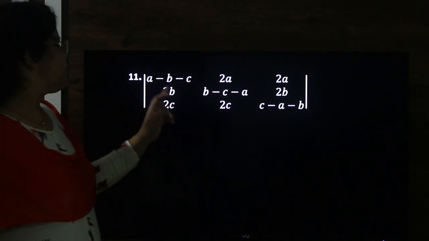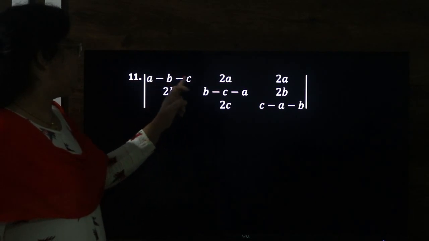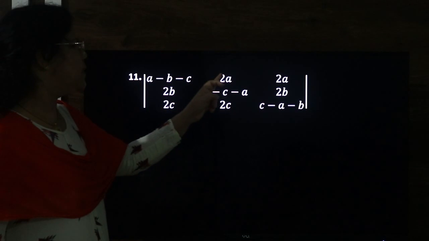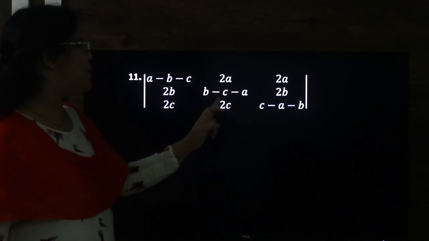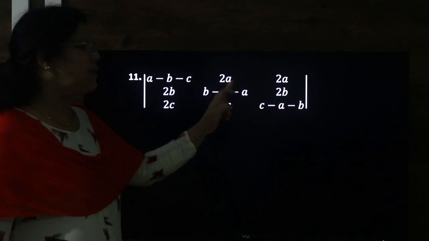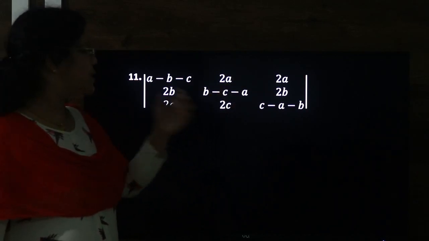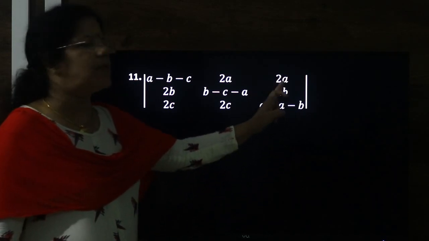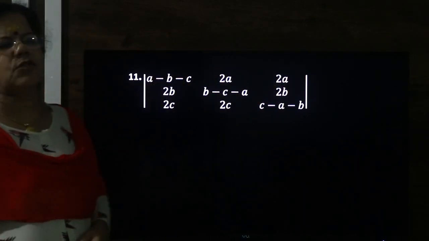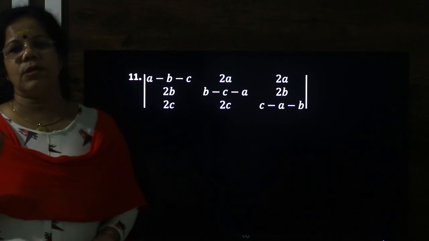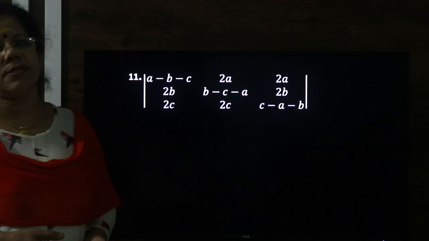Negative b, negative c cancel with the 2b, so that it will be a plus b plus c. Here also, 2a minus a plus 2c minus c plus b, so it is a plus b plus c. Here also you will be getting a plus b plus c. So R1 changes to R1 plus R2 plus R3, the first row totally will be a plus b plus c.